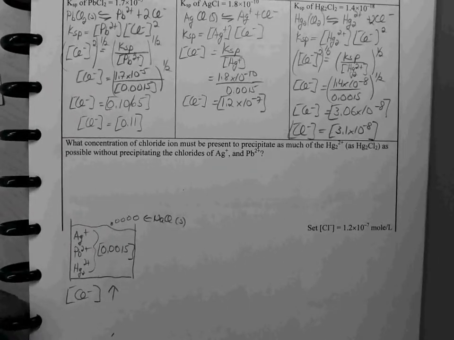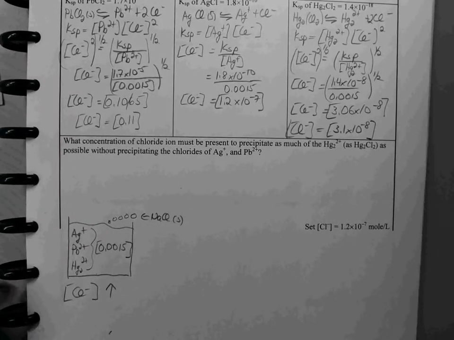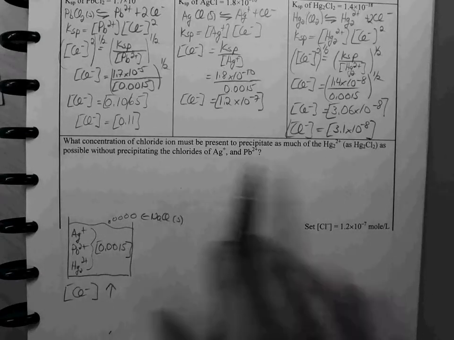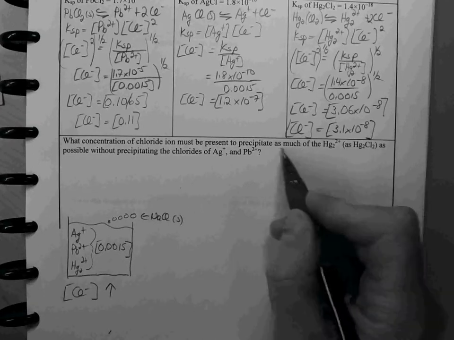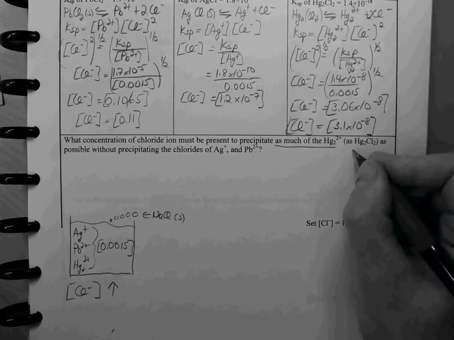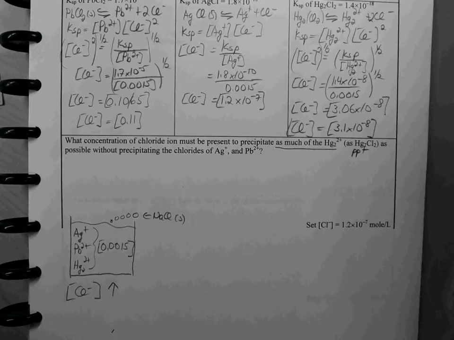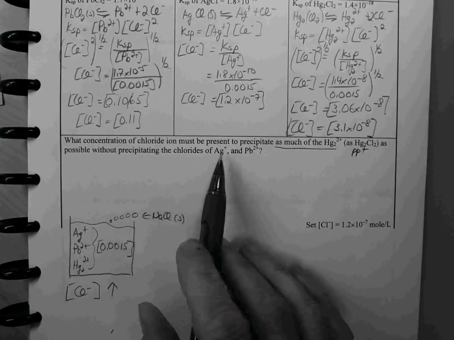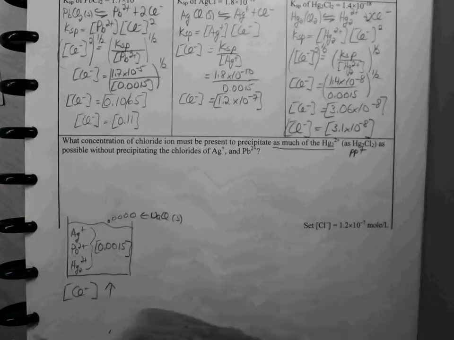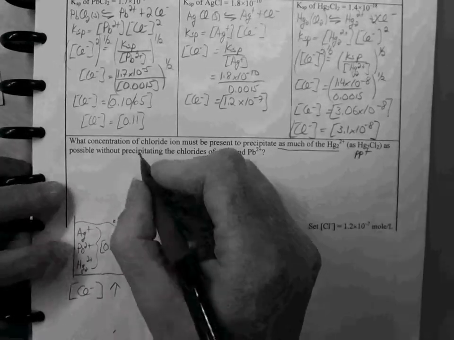Alright, so let's look at the second question. Okay, so what concentration of the chloride ion must be present to precipitate as much of the Hg2 2+ as this solid, this is our precipitate, and without precipitating either of these two ions. So let's think about this.